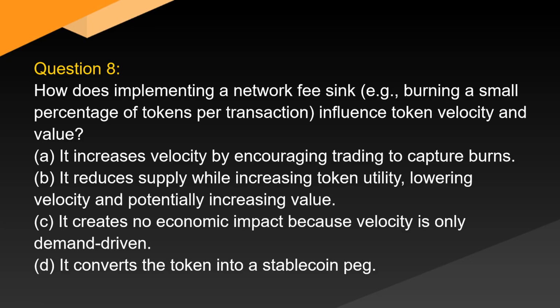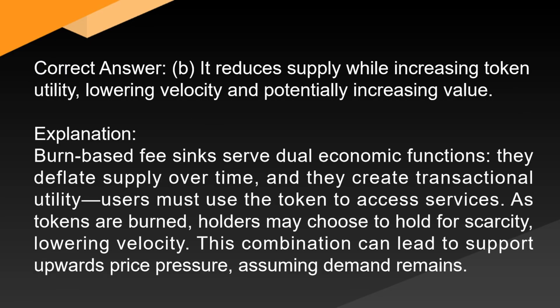C. It creates no economic impact because velocity is only demand-driven. D. It converts the token into a stablecoin peg. Correct answer. B. It reduces supply while increasing token utility, lowering velocity and potentially increasing value.